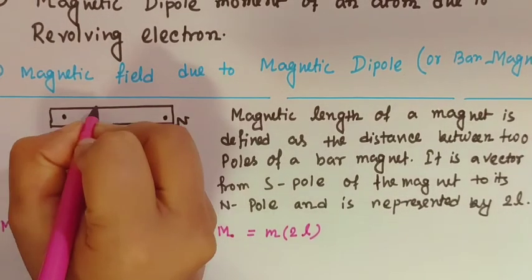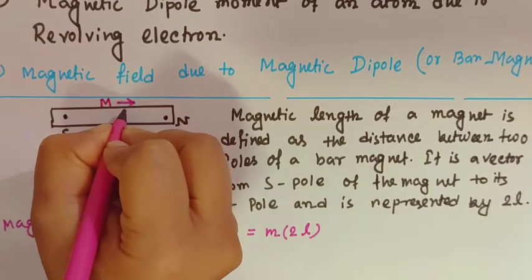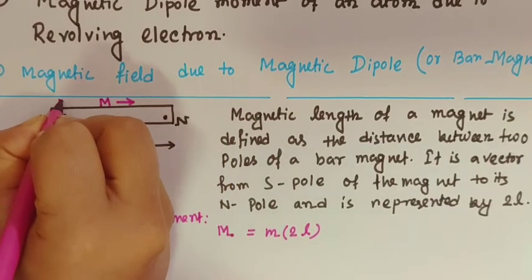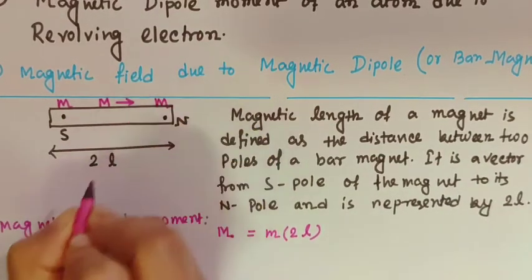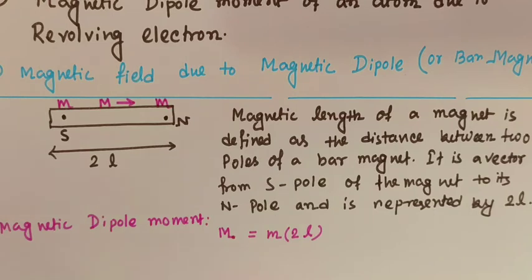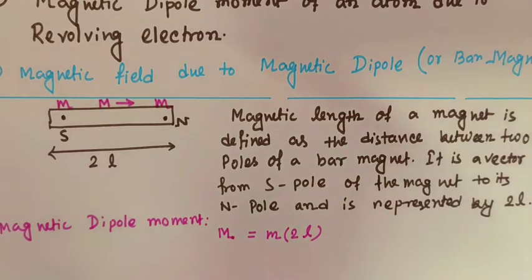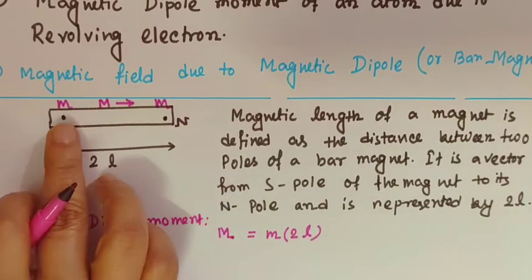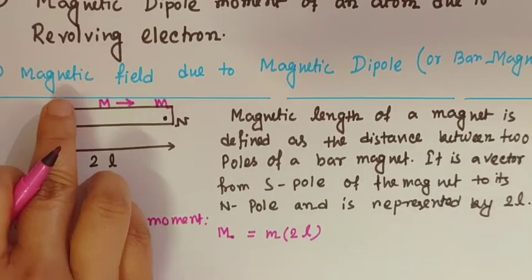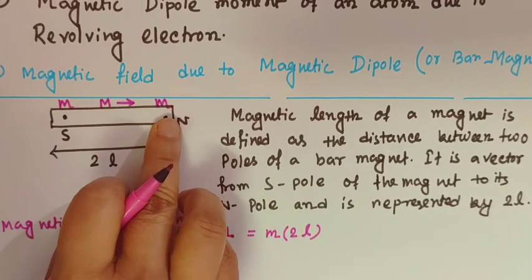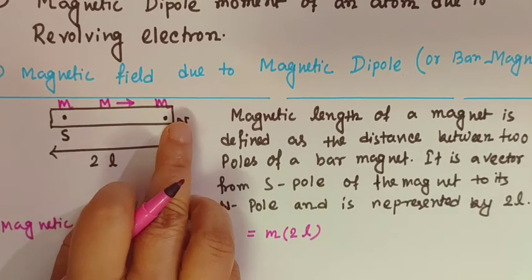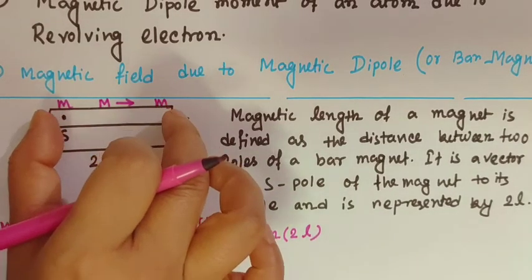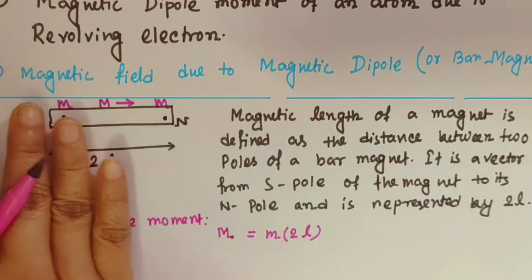So here is the direction for M. What is small m? The strength of the pole. See, the strength of the S pole is m and the strength of the N pole is also m. So the strength is the same for the two poles.